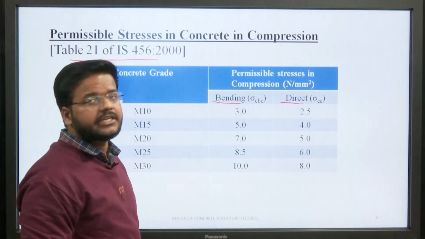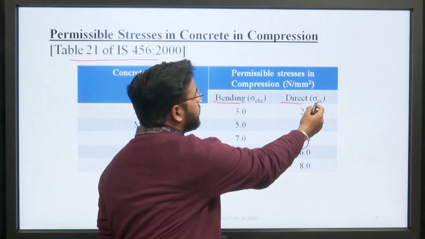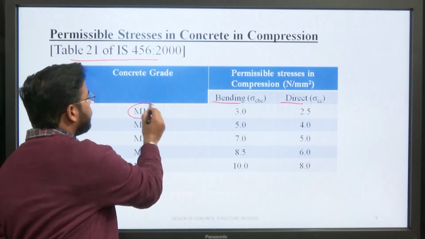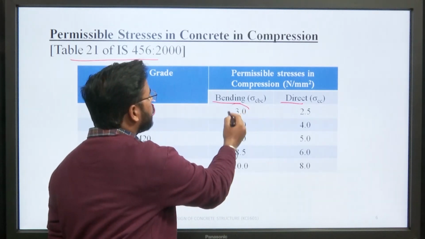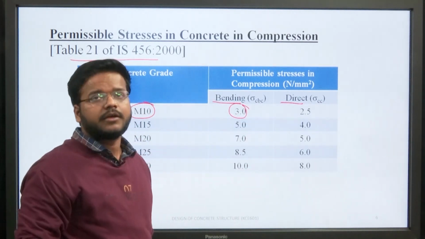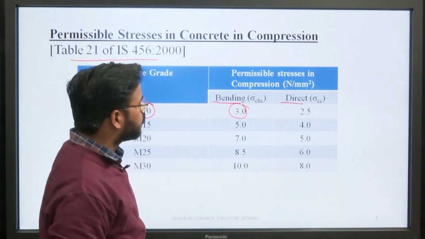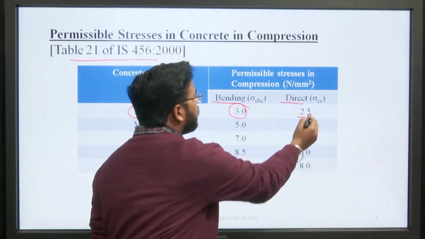Bending is represented as sigma CBC and the direct stress is represented as sigma CC. For M10 grade, the permissible stress in concrete in compression for bending is 3 Newton per mm square, while for direct stress its value is 2.5.